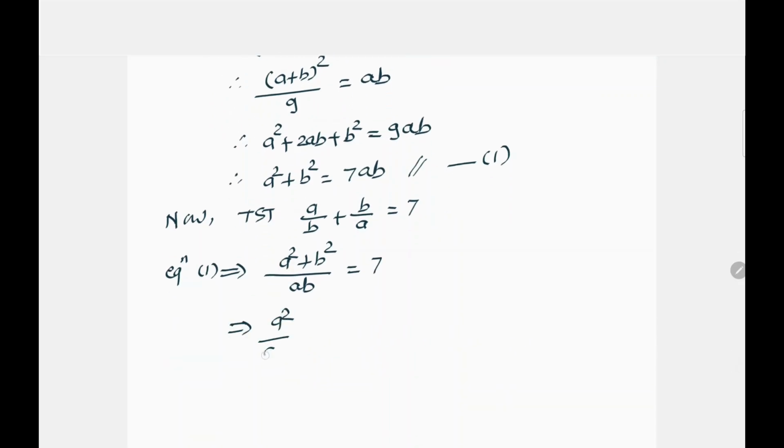It means A square upon AB plus B square upon AB is equal to 7. So in the first, A will cancel, and in the second, B will cancel. So we get here A upon B plus B upon A is equal to 7. Hence proved. Next problem.